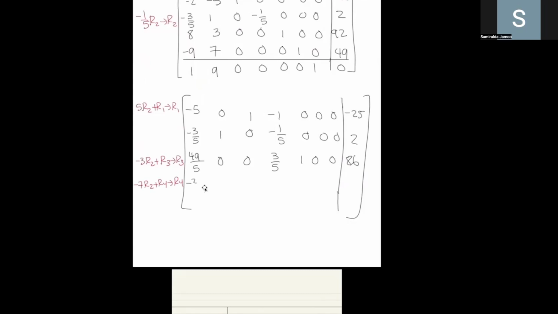Negative 24 over 5, 0, 0, 7 over 5. And then finally, negative 9, row 2 plus row 5 in row 5.